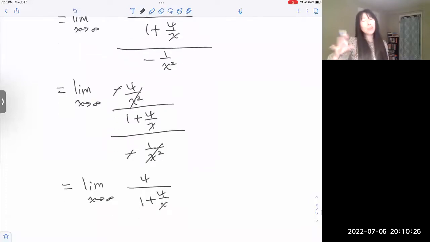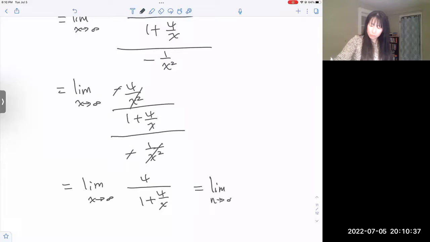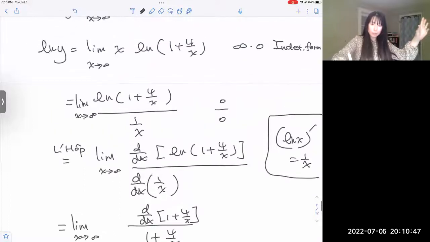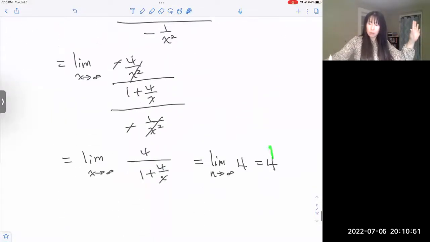When x approaches positive infinity, what do you get? 4. We get 4, right? So we have the left side, where we did not do anything, ln y, so ln y equals 4.